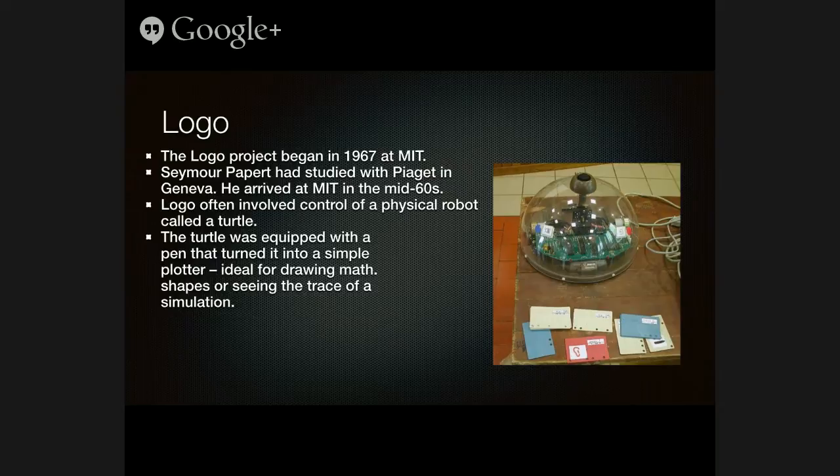He's famous for the stages of learning, where children move from concrete to abstract reasoning. Anyway, Papert came along in the 60s and decided that people would learn math concepts a lot better if they had a physical analog to the abstract mathematical thing they were learning about.